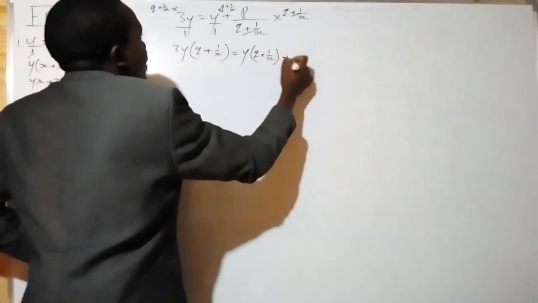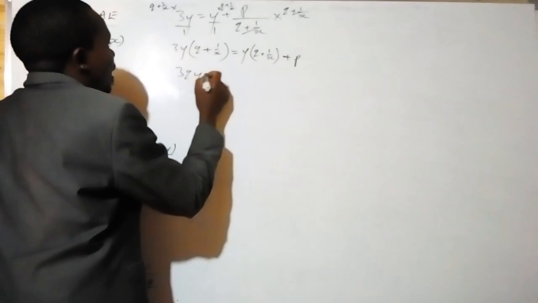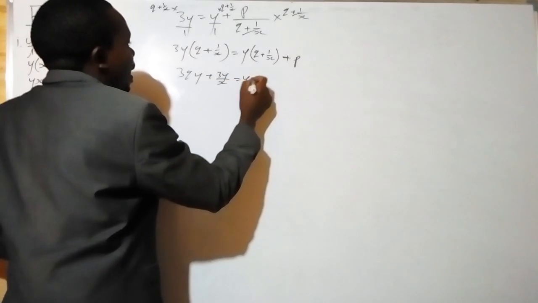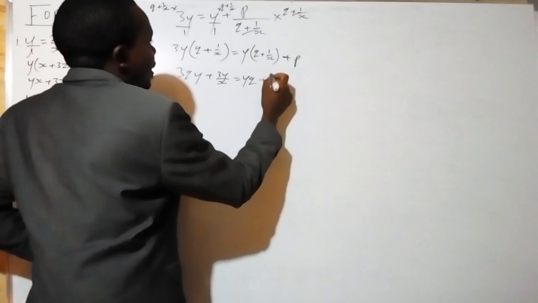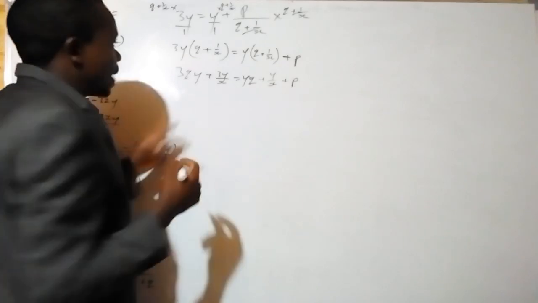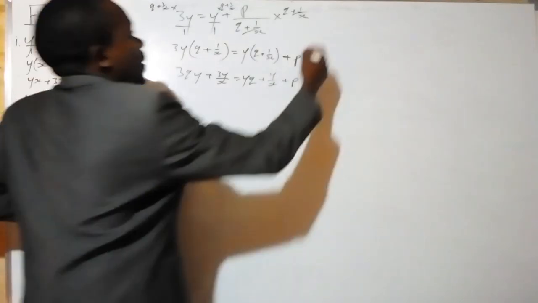Like that, you open the bracket: 3qy plus 3y over x is equals to yq plus y over x plus p. But we are required to make what the subject of the formula? X. Yes, we are supposed to make x the subject of the formula.